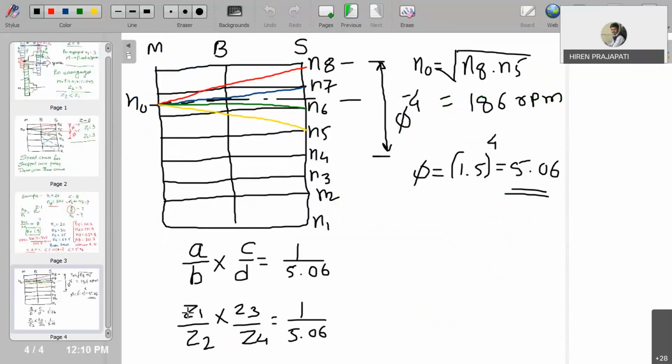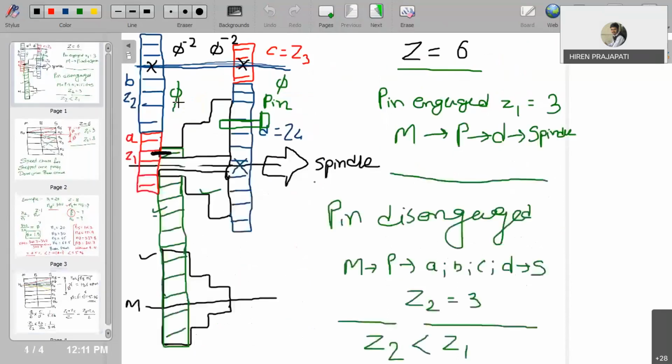So if I now consider Z only, then (Z1 plus Z2) by 2 is equal to, since we have considered the same module of gear, (Z3 plus Z4) by 2, because the center distance should be the same between these two shafts, right?